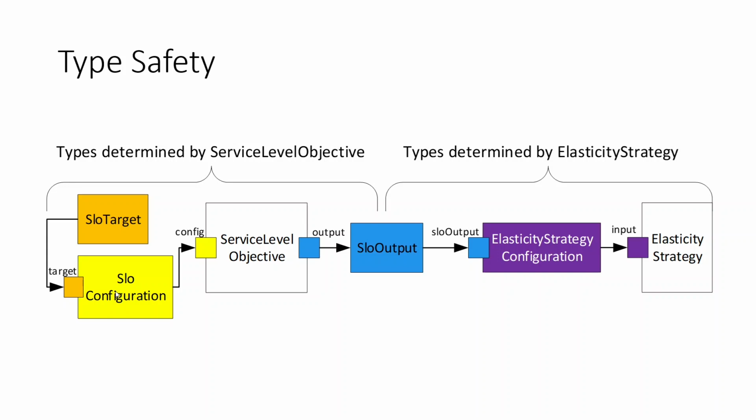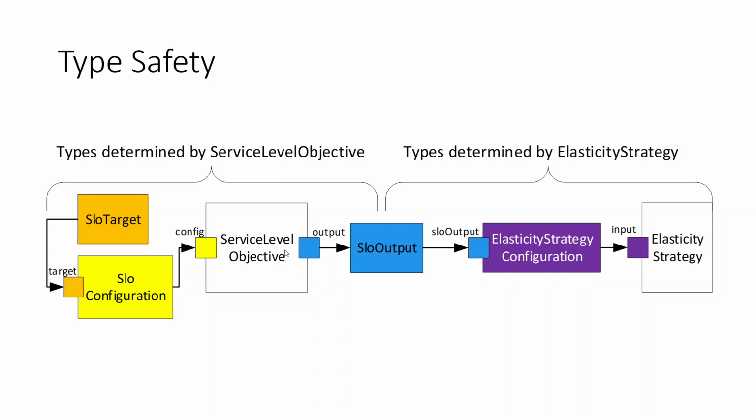So the yellow SLO configuration in turn defines a certain type of target that you can apply it to, indicated by the orange color, which in this case would be a REST service, which means if you try to put another thing here, such as a website application or a database application which offers no REST interface, you wouldn't be able to do that because the types would not match.